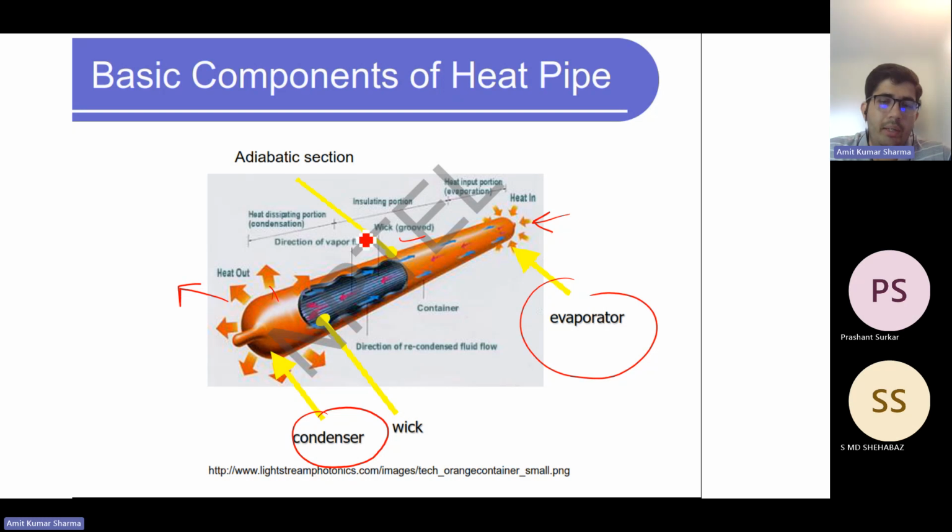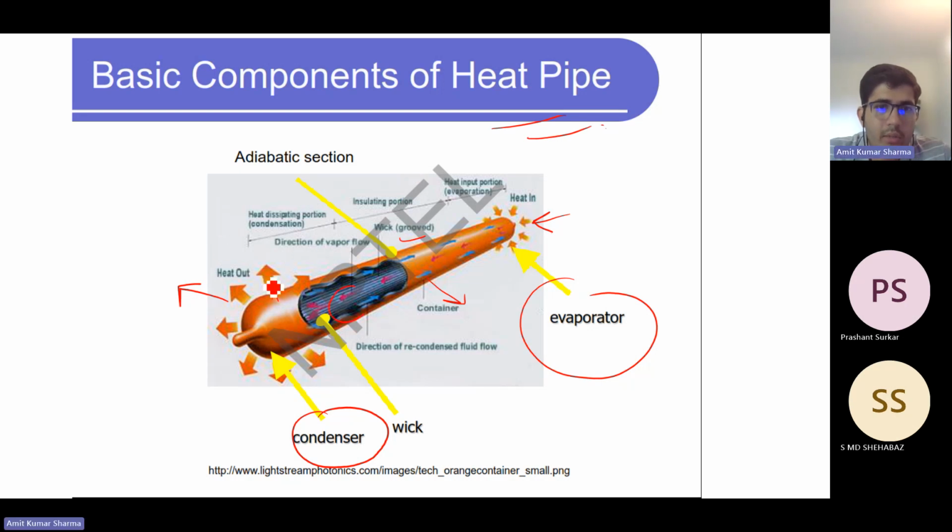The blue arrows represent the liquid and the red arrows represent the high temperature steam. The steam is coming here and converting into liquid, heat is going out, and again liquid is flowing back to the hot side. In this way, the heat pipes are working.